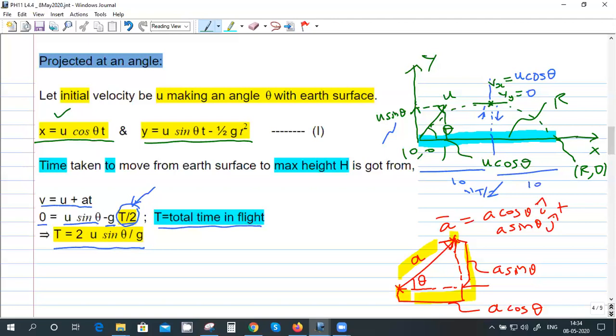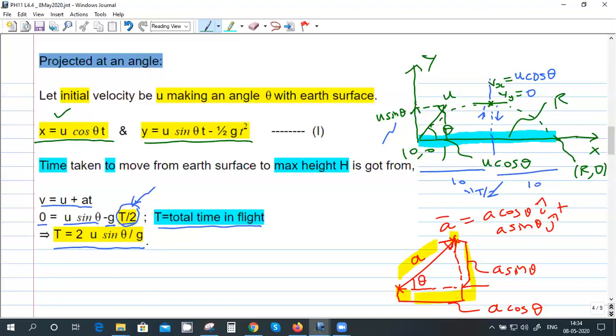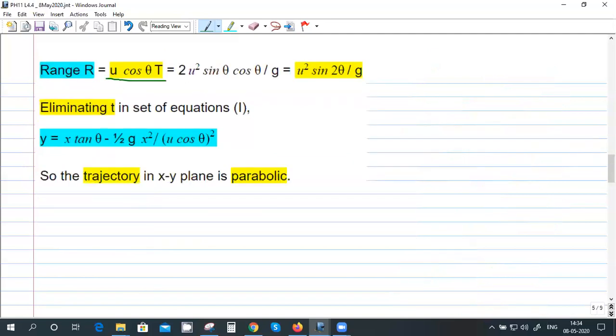So if I multiply u cos theta with capital T, I get R. That is velocity into time. Using T equals 2 u sin theta by g, it becomes 2 u square sin theta cos theta by g, so it is u square by g into 2 sin theta cos theta.